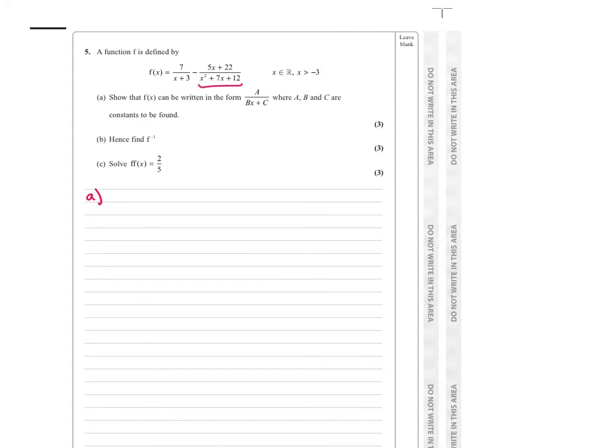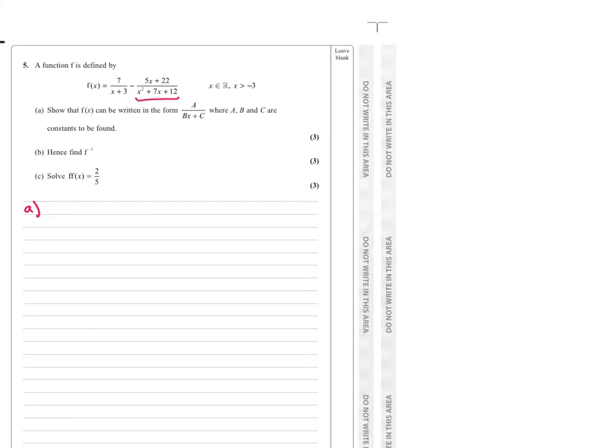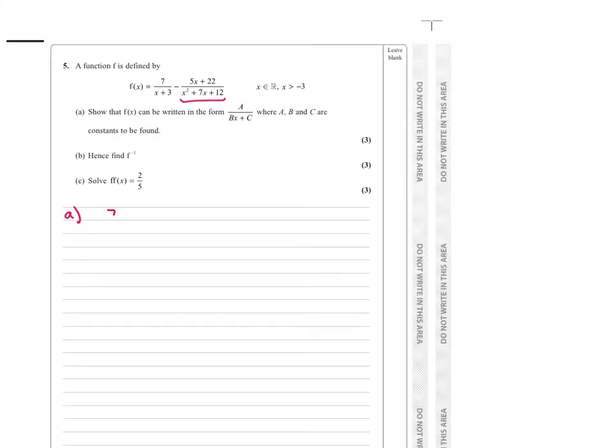So that means if we need to add or take away, I need to multiply the first fraction by x plus 4 over x plus 4. Okay, because again, we're multiplying it by 1, so we're not changing the value.